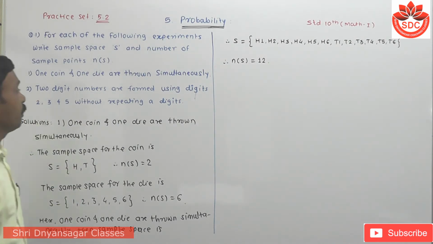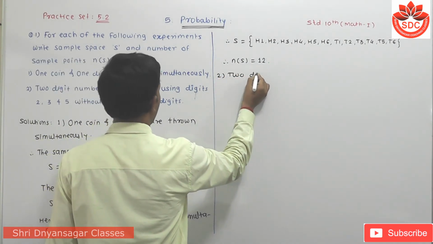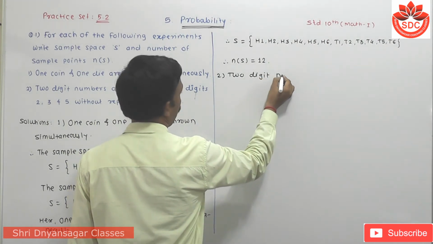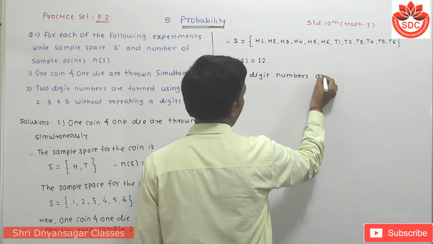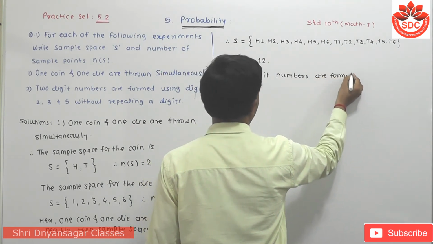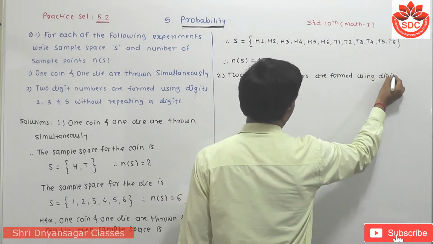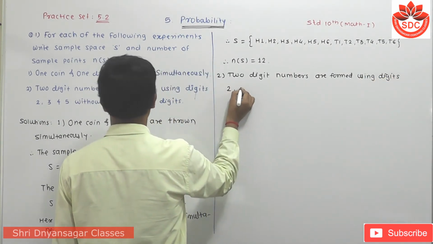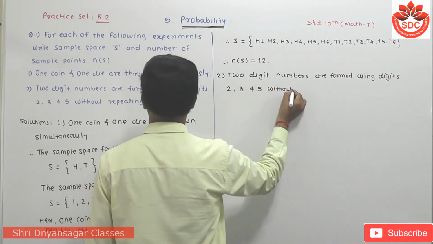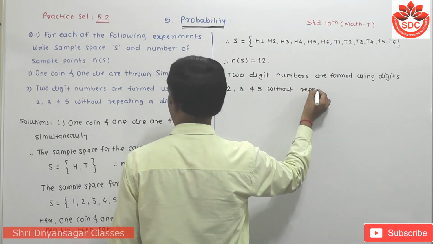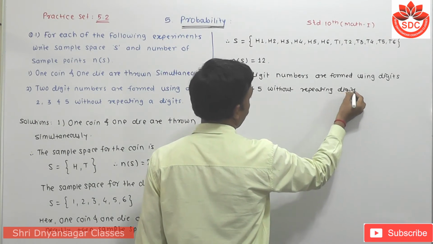Second, two-digit numbers are formed using digits 2, 3 and 5 without repeating a digit.